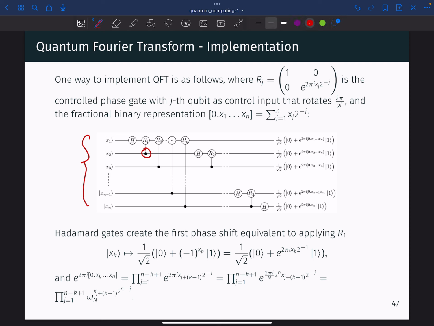Rj is defined as such. So the j defines the rotation angles, it's 1/2 to the power of j. So in this case, R2 is rotating 90 degrees, R3 will be rotating 45 degrees, and so on and so forth.